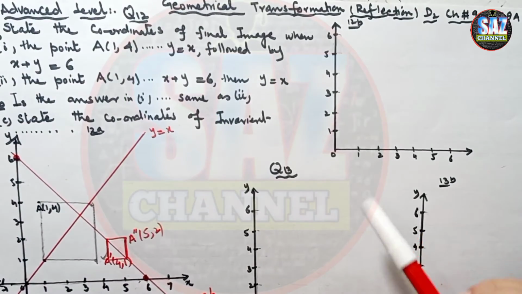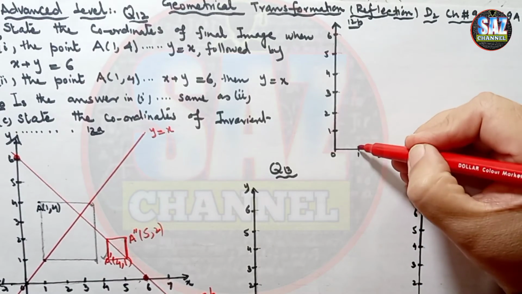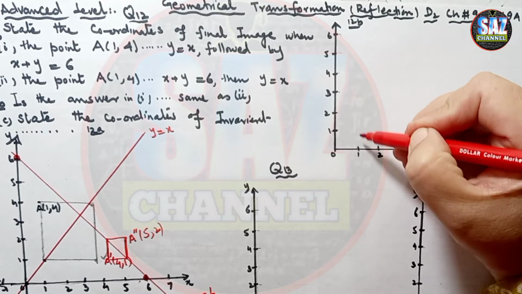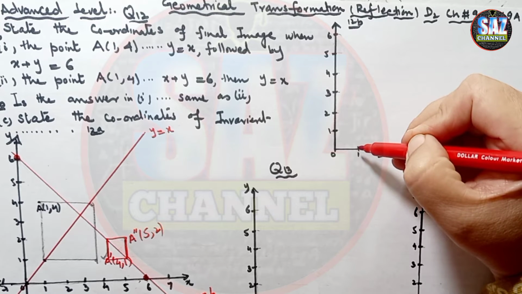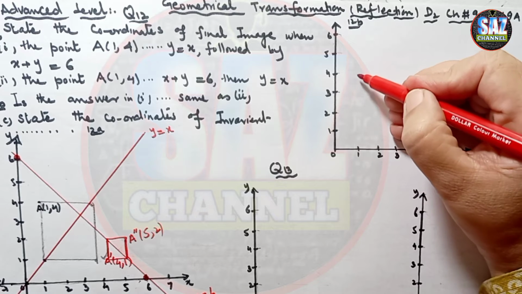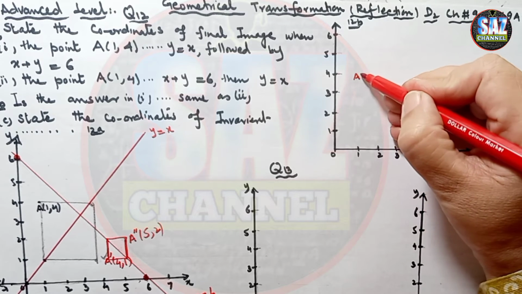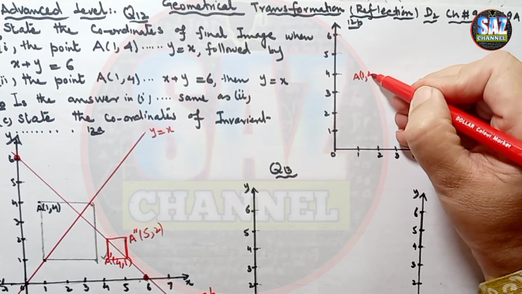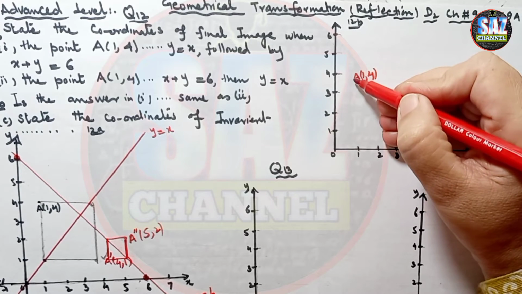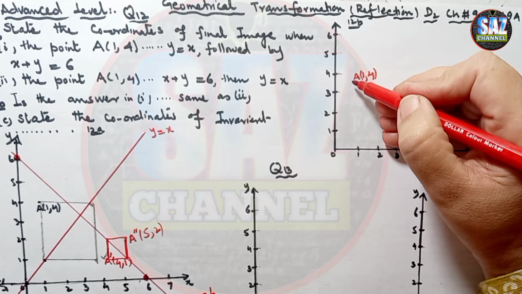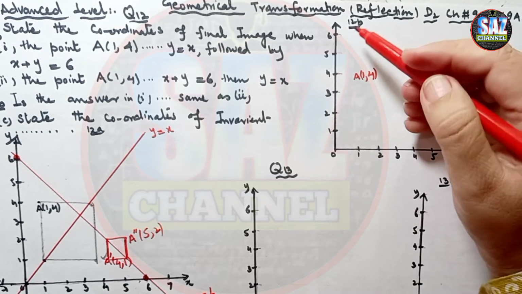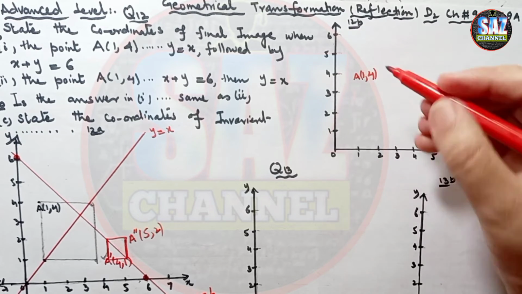So A(1,4) will be coming at this place at the top of 1 and in front of 4. This is the place for A(1,4). And then I have to first reflect it in the line x plus y equals 6.